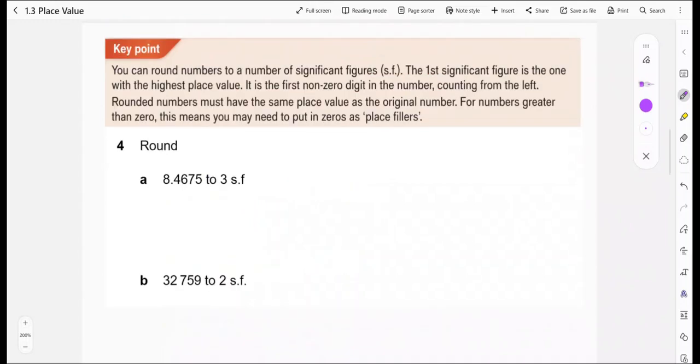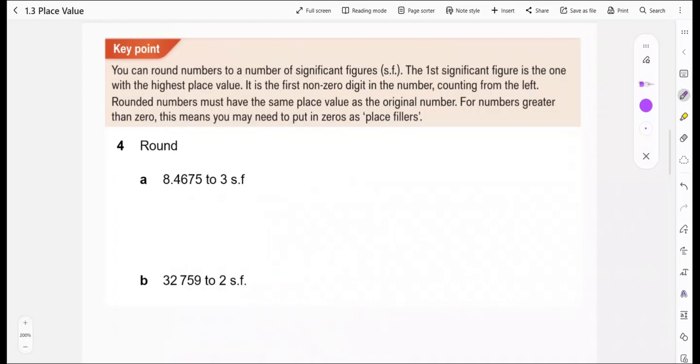Our next example involves rounding to significant figures. A significant figure is the first one that is a non-zero. And we'll come on to an example with that later on.